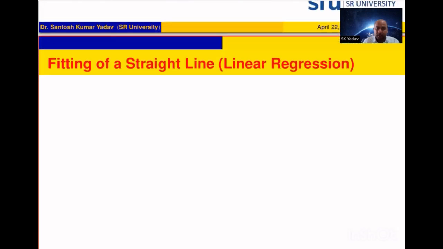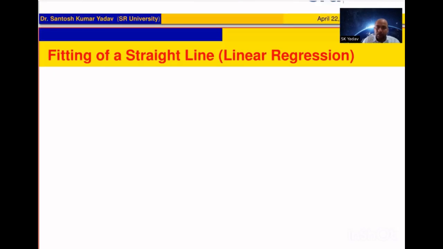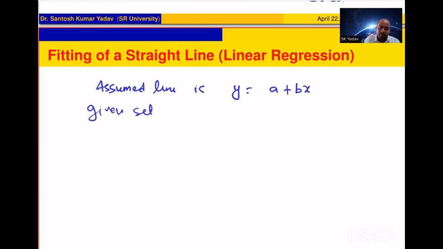So I am summarizing here. What we have to do in the fitting of a straight line: the assumed line is y equal to a plus bx, and given is a set of data xi, yi, and these are n numbers of data points.